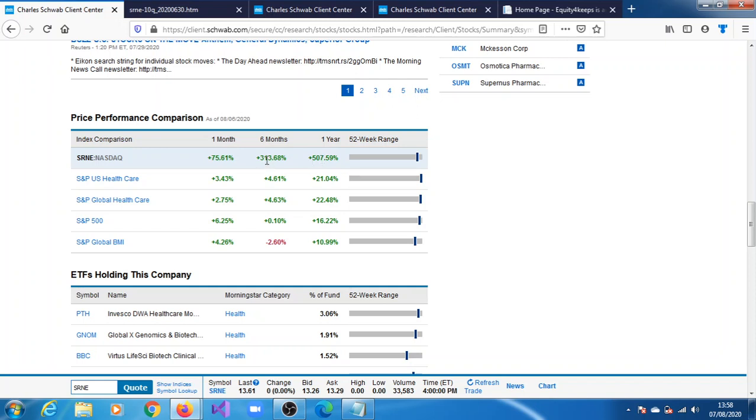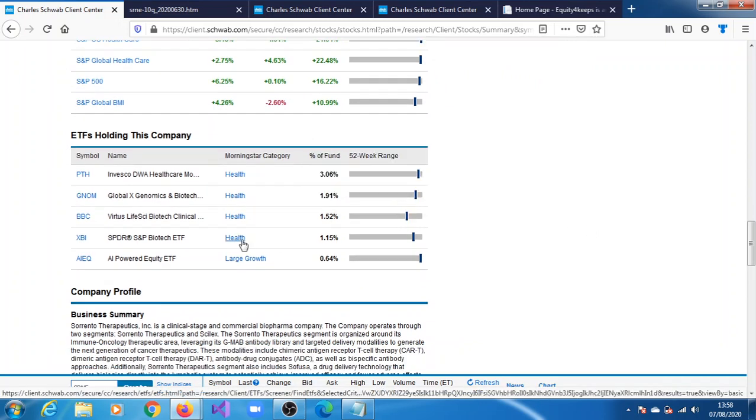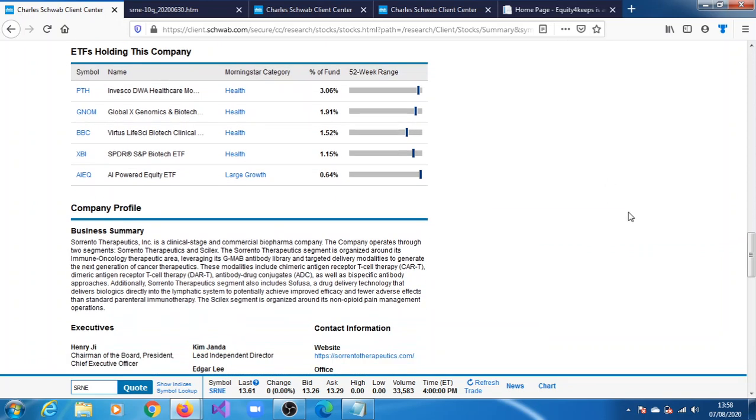In the last 6 months, 313%. In the last 1 month, 75.61%. And these are the ETF holdings. SPDR S&P Biotech ETF. So what are they saying here? Sorrento is a clinical stage and commercial biopharma company. The company operates through two segments: Sorrento Therapeutics and Scilex.